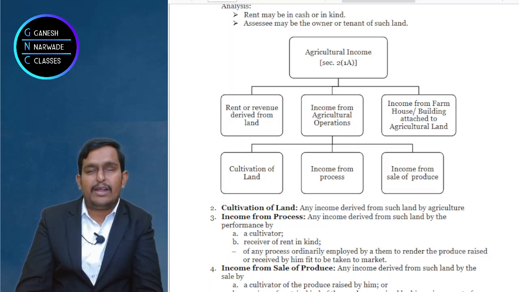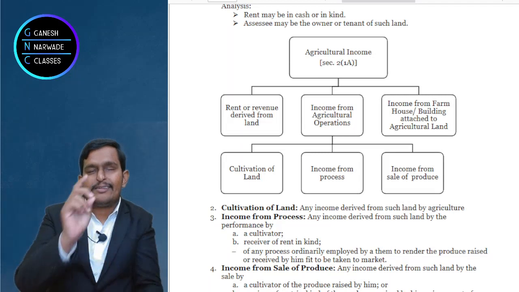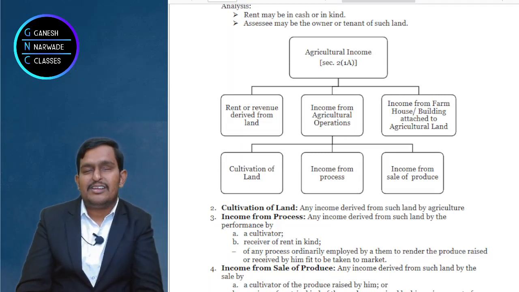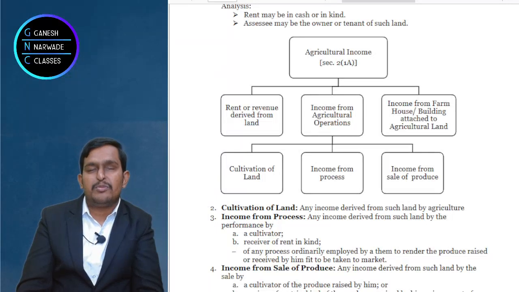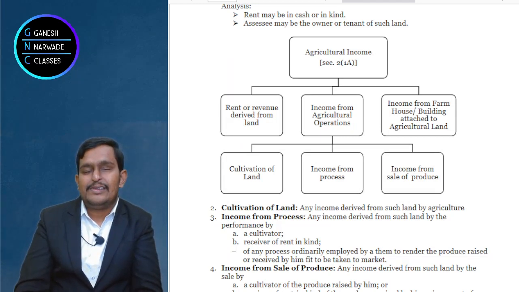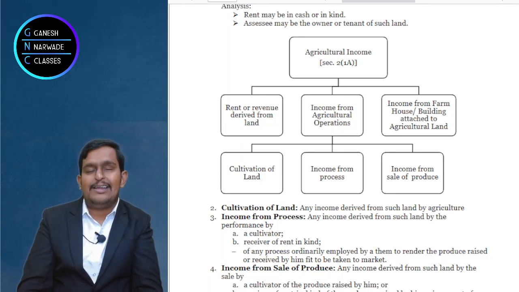Right? The farmer's income is agricultural income. The owner of the land receiving rent, his income is agricultural income. The person who is processing, making the product fit for sale, his income is also agricultural income. But the digital marketer who is marketing the produce and is collecting fees for digital marketing, that is not agricultural income.